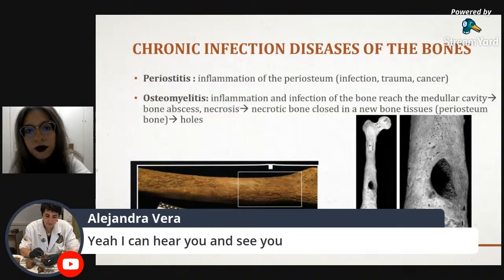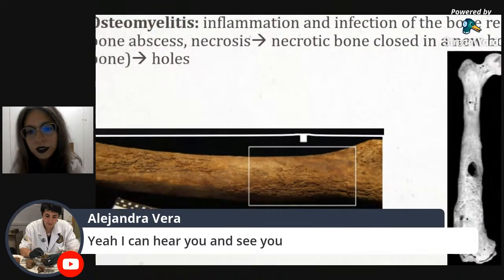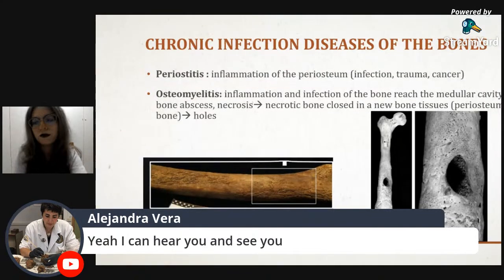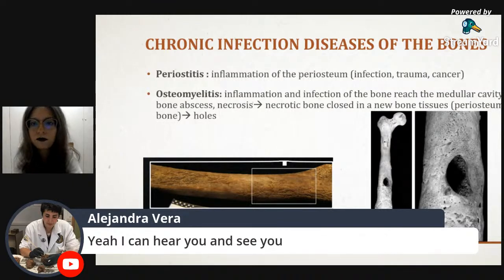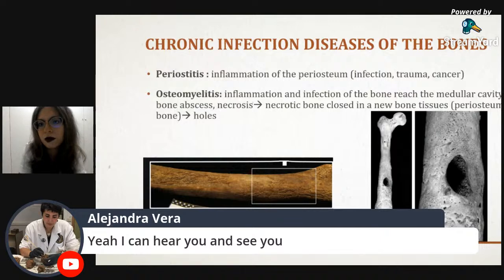And periostitis is a very unique type of response to trauma, to incidents in the bone. It could happen for many different reasons. As I was mentioning before, periostitis is one of those pathologies that have different causes and could have the same response of the bone. Could happen because of an infection, because of trauma, even because of cancer.